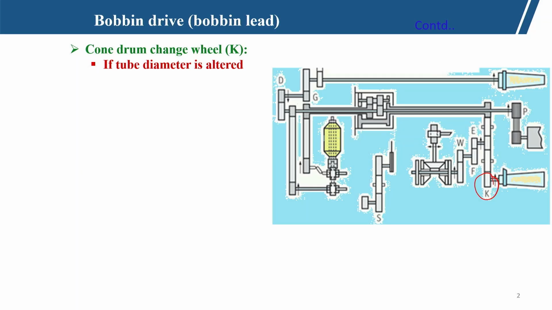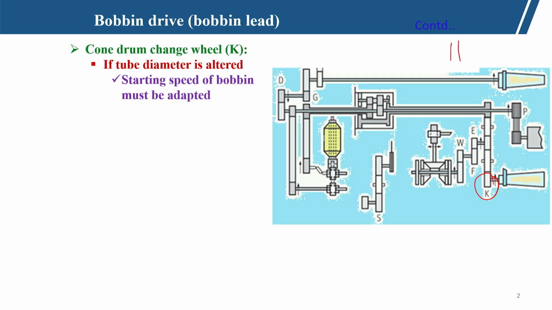If the tube diameter is altered, here the tube diameter means your bobbin diameter, there are different bobbin suppliers. So, the standard diameter is not there, but it may change a little bit. If the empty bobbin diameter changes, the starting speed of bobbin must be adapted.